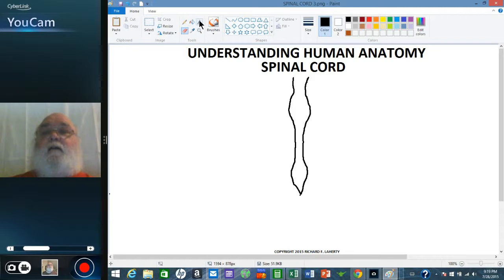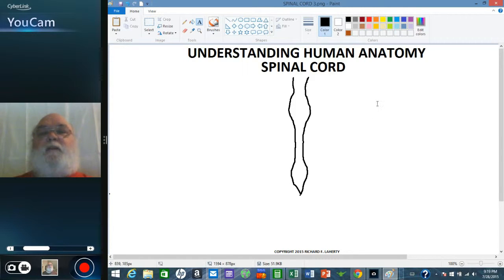Now, again, the spinal cord begins at the most caudal part of the brain, the medulla oblongata, and they merge. There's not a precise landmark. They merge one into the other.